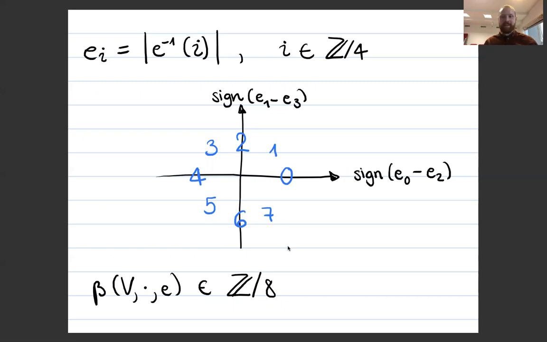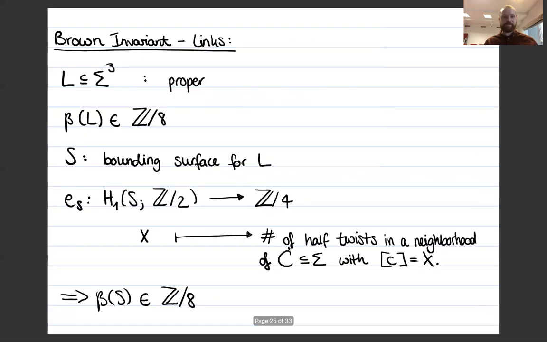So you get this Z8 valued Brown invariant. And similarly, on just a level of algebra, these enhancements of your form, not quadratic anymore, but these Z4 valued enhancements, are classified by this Brown invariant.